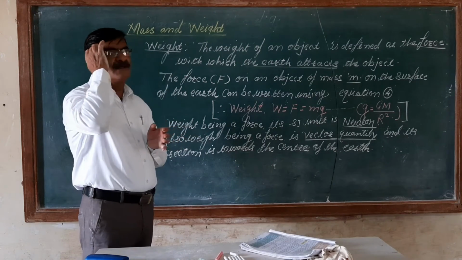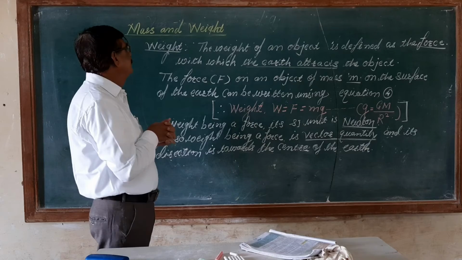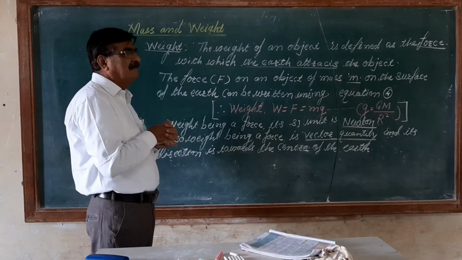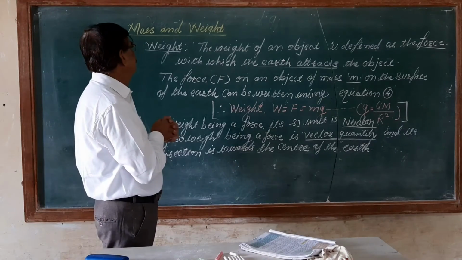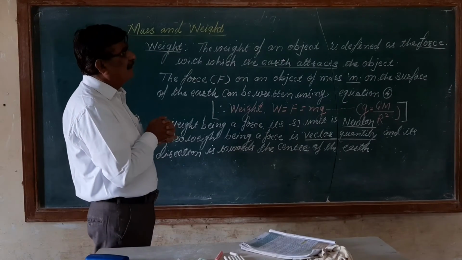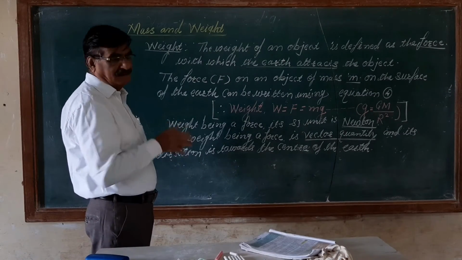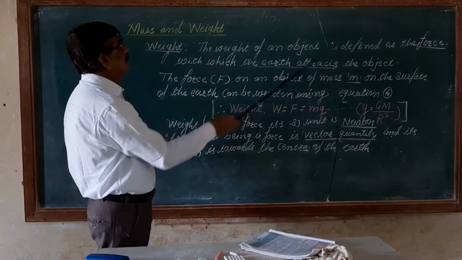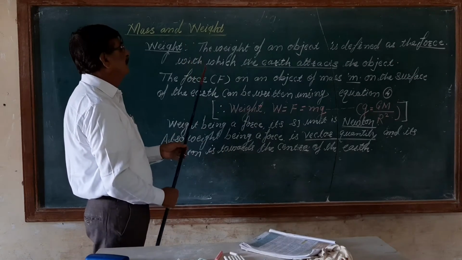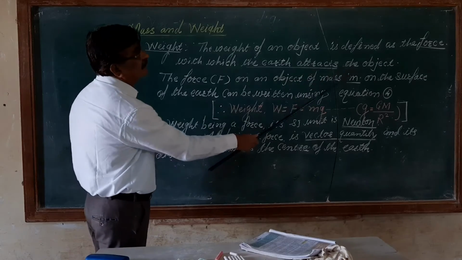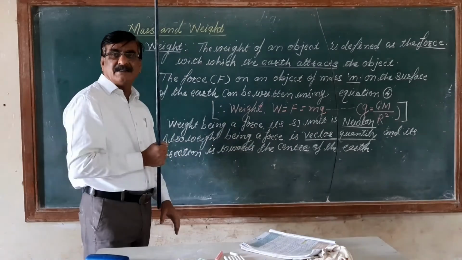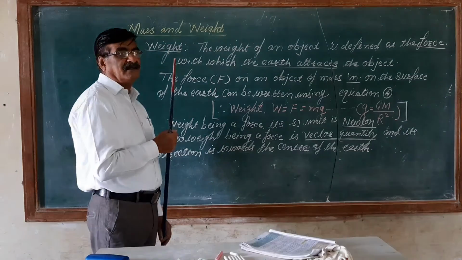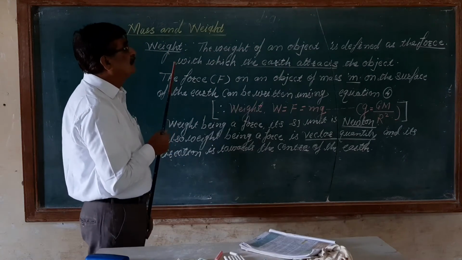Maybe objects on other planets or satellites also have weight. So the weight of an object is defined as the force with which the earth attracts the object. Every body, every object gets a weight due to the attractive force of the earth.